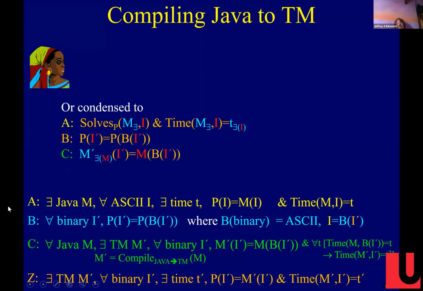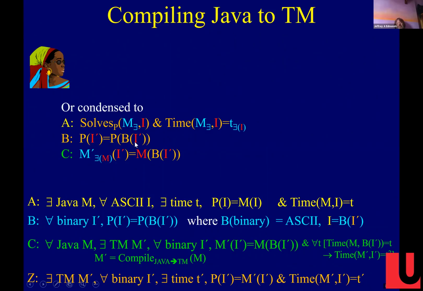That's what that whole line says, and it's what yellow says, right? Yellow says there exists, oh, it's not a Turing machine; it's a Java program, right? There's some fixed Java program, blue M, that for every input it works, and the running time depends on the input, right?